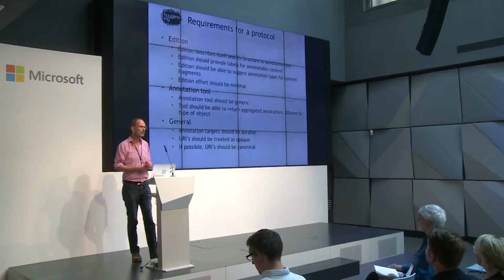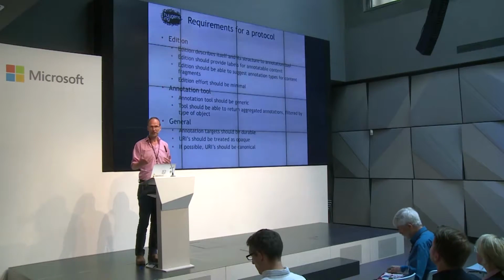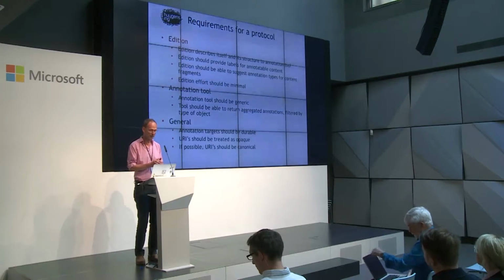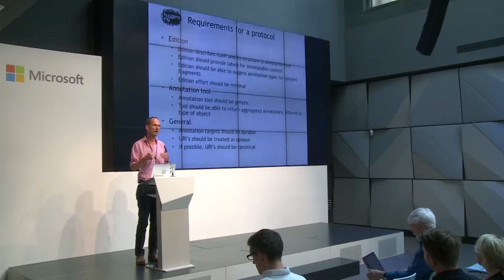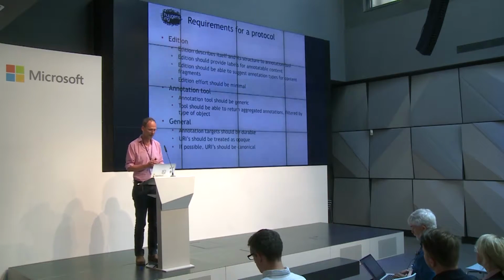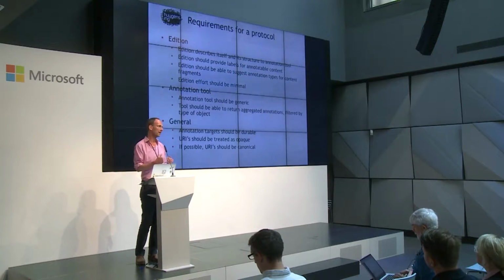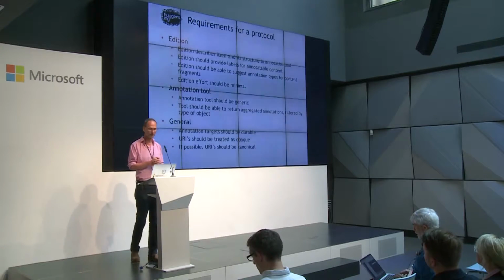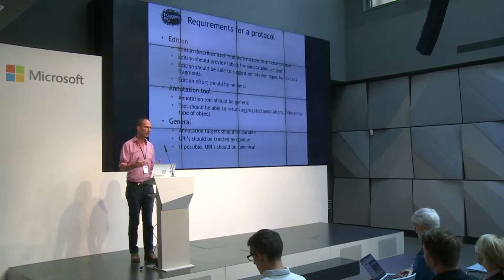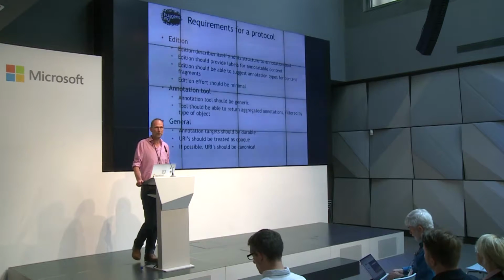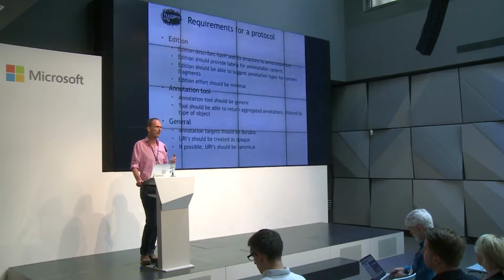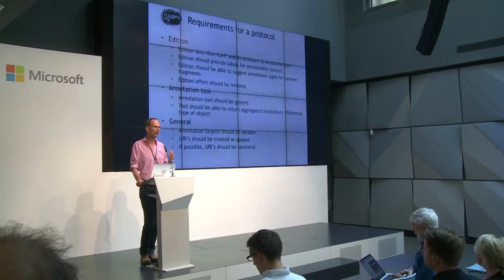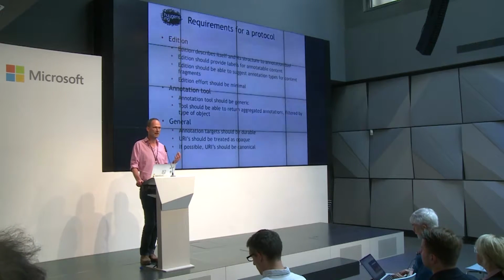So what are the requirements for such a protocol? Well, the edition describes itself and its structure. It should be able to provide labels for the objects that are being annotated. It should be able to suggest annotation types that are useful in this context. But essential to us is, above all, that the effort for the edition should be minimal. That is, we're thinking about making it possible to plug in annotation functionality into existing editions.